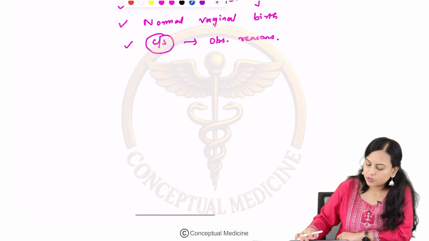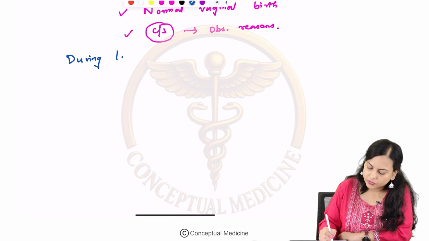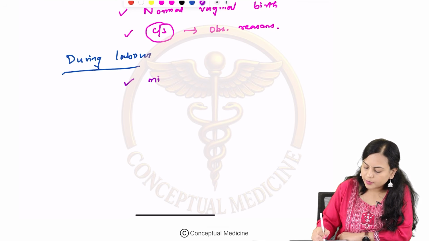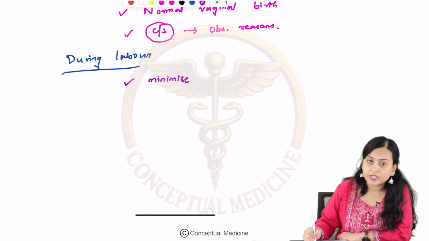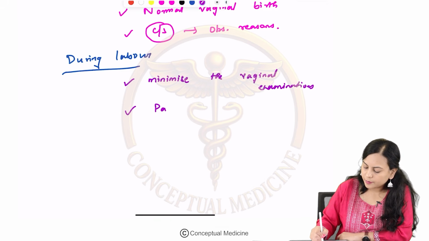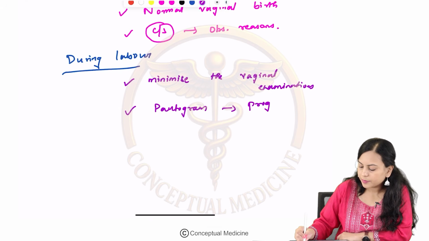So, what are the things we have to do during labor? So, during labor, we have to minimize the vaginal examinations. Then, partogram must be used to monitor the progress of labor.